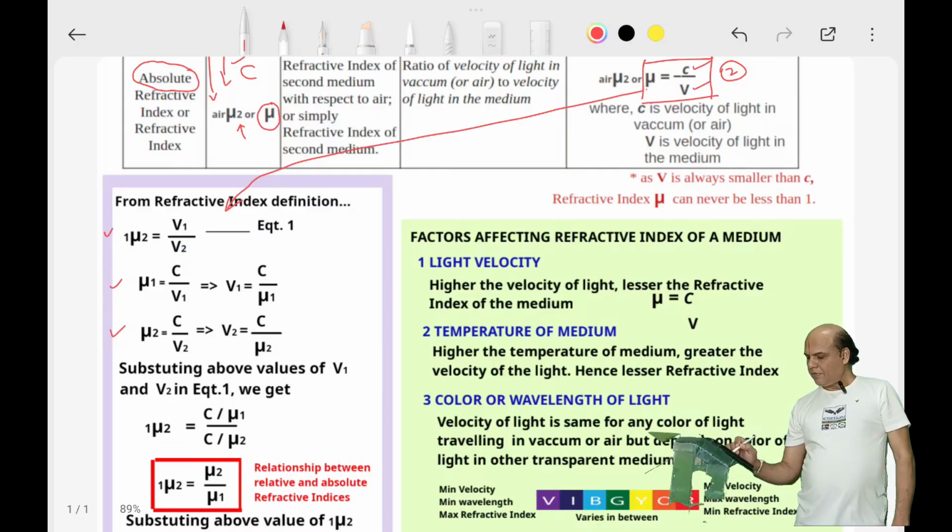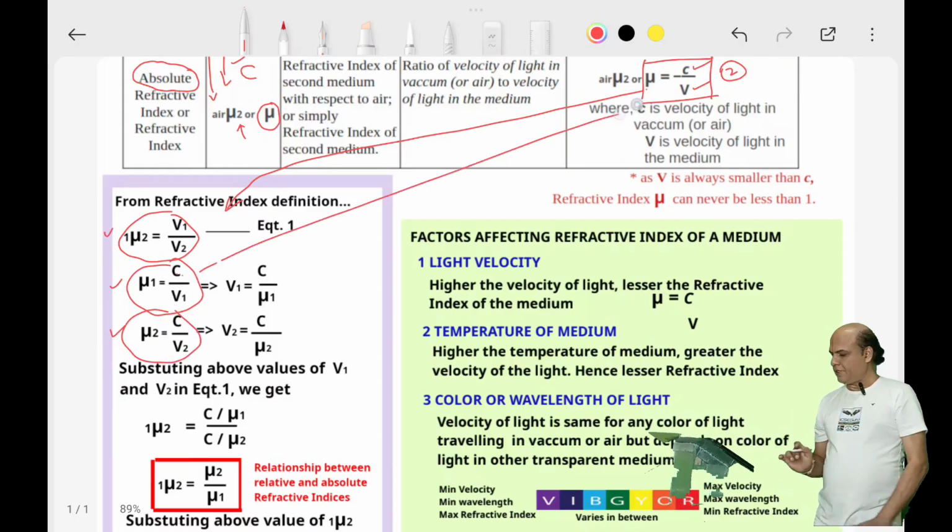Likewise, the absolute refractive index of 1 can be written as the ratio of velocity of light in air or vacuum to velocity of light in medium 1. Likewise, absolute refractive index 2 can be measured as the ratio of velocity of light in vacuum or air to velocity of light in medium 2. So these three expressions are derived from this definition of refractive index.